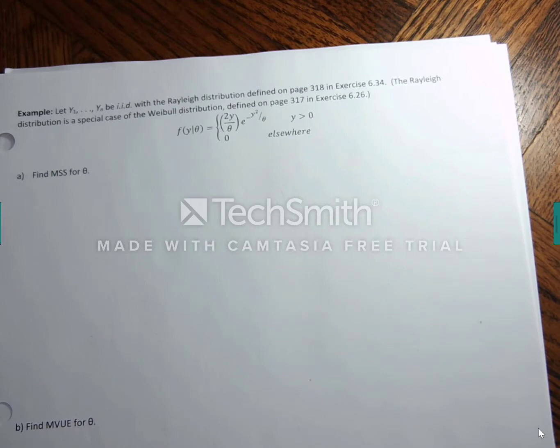So here's our distribution. We're going to do the same thing that we just did.